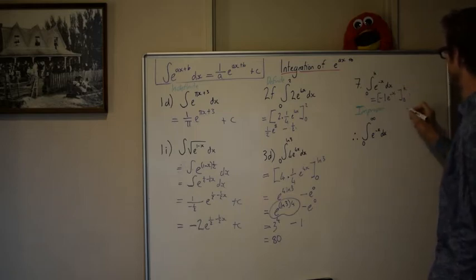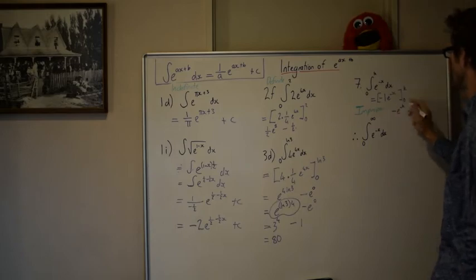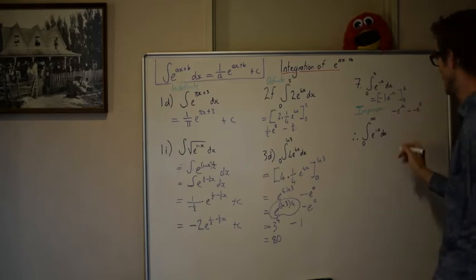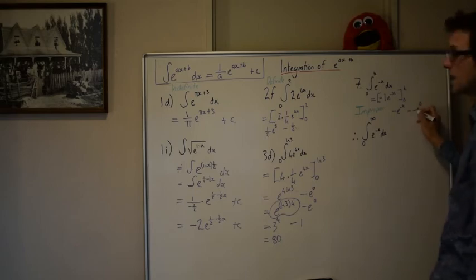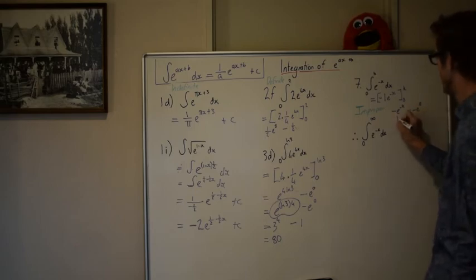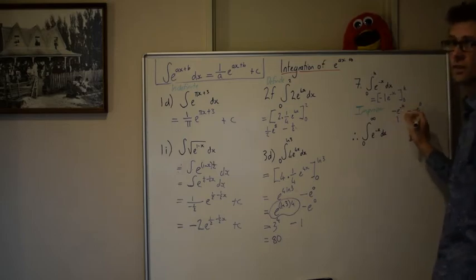And so simply this will be minus e to the minus k minus e to the minus 0, or to the 0. And simply this is going to become a positive 1, so I'm going to put that first, minus e to the minus k. I've just switched these around.